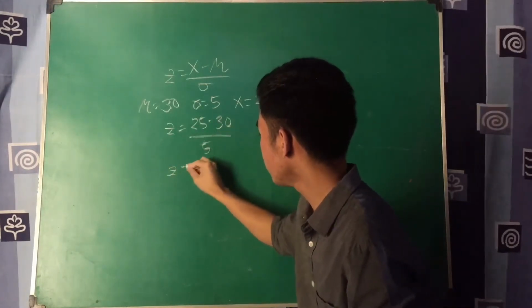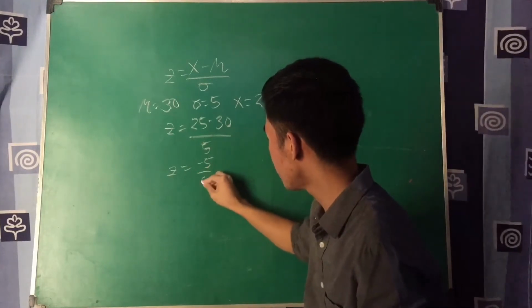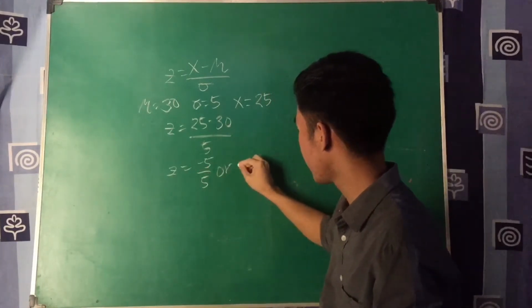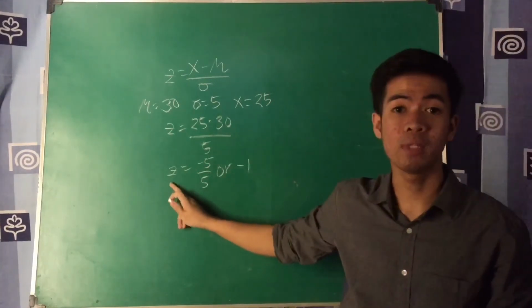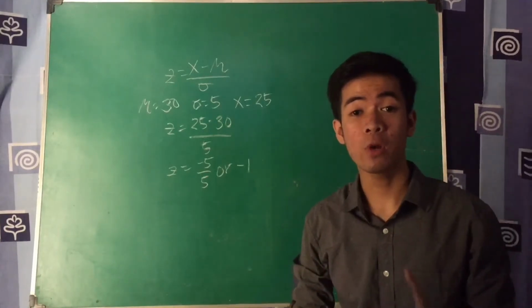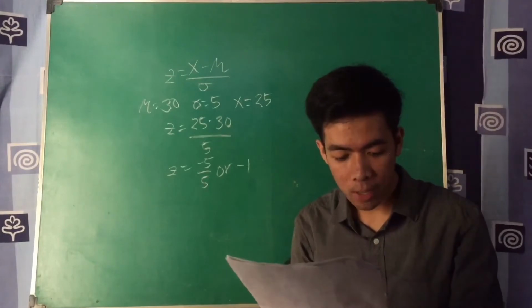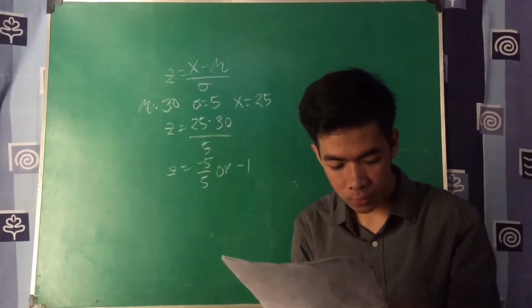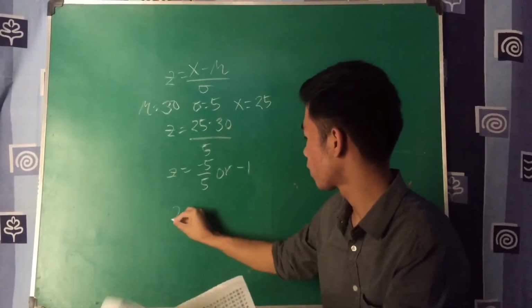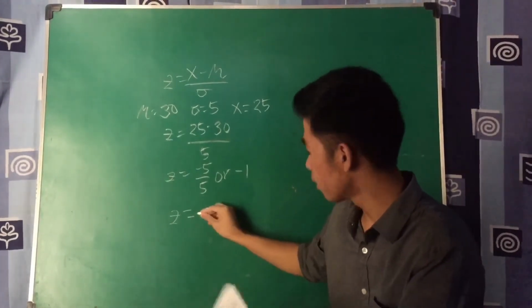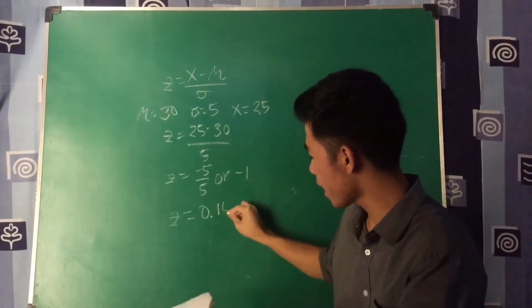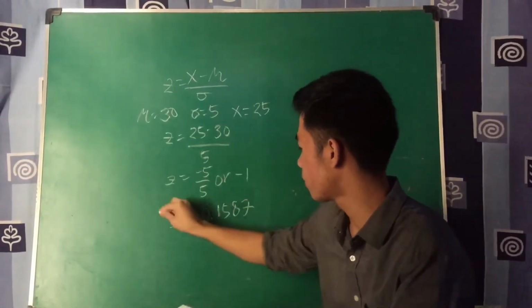Z is equal to negative 5 over 5 or negative 1. Since the value of Z is equal to negative 1, we have to locate the equivalent value of negative 1 on your Z table. So negative 1.0 is equal to 0.1587.